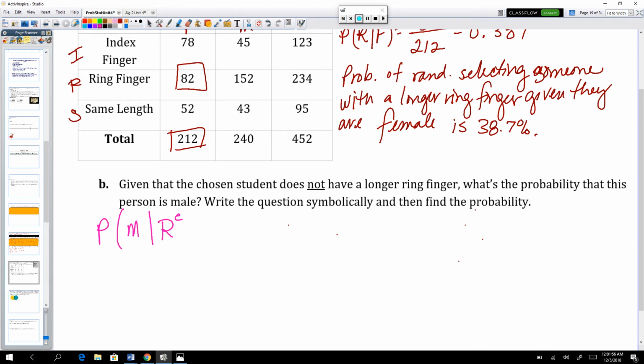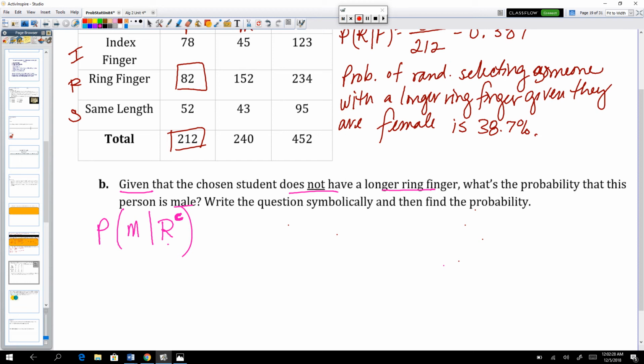So not R, the complement of R, someone not having a longer ring finger, is the given. Given they do not have a longer ring finger, what's the probability that the person is male?